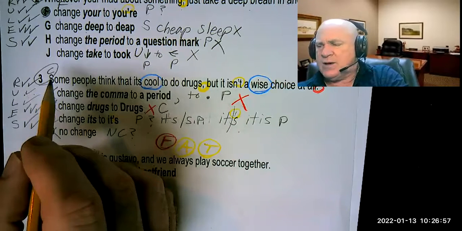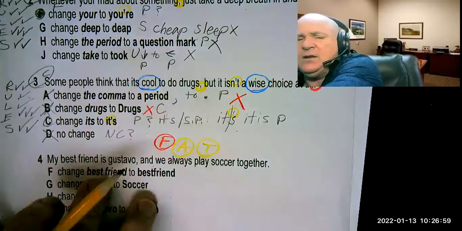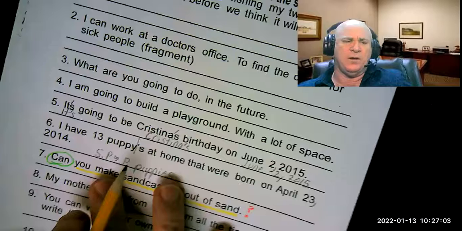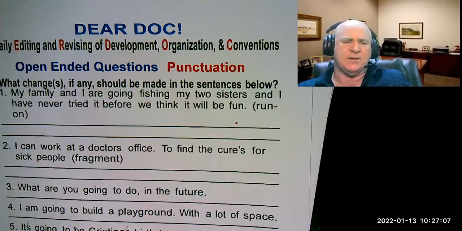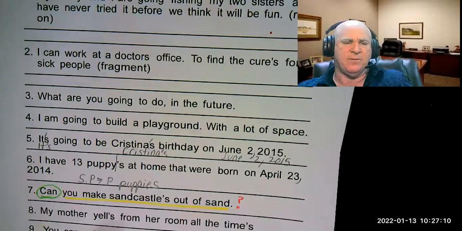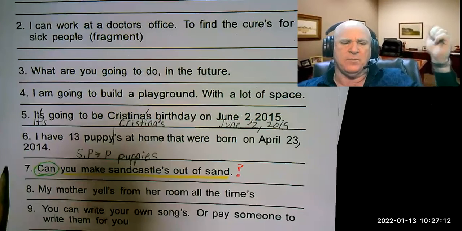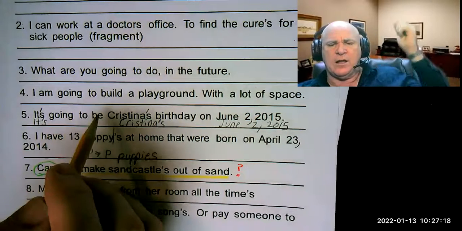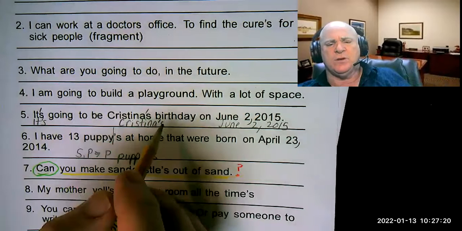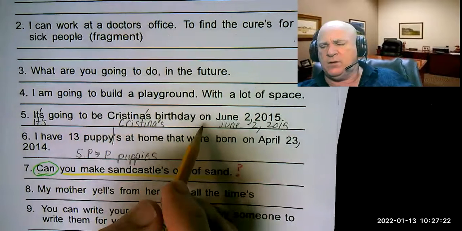Now, extra practice. I need to look for one in my open-ended pages that allow me to practice "it's" again. So there's number 5 there. Capital Christina's birthday on capital June 2nd, 2015, period.